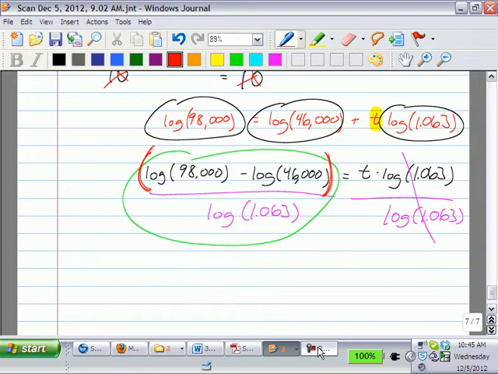So 12.39. Okay. So we're just looking at rounding at that point. Same answer.